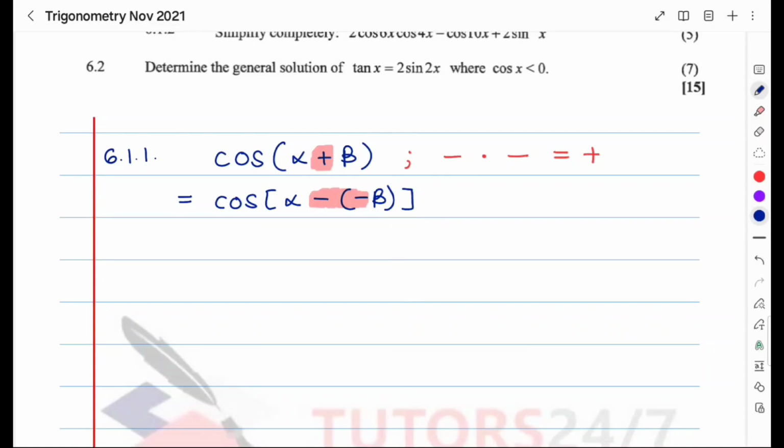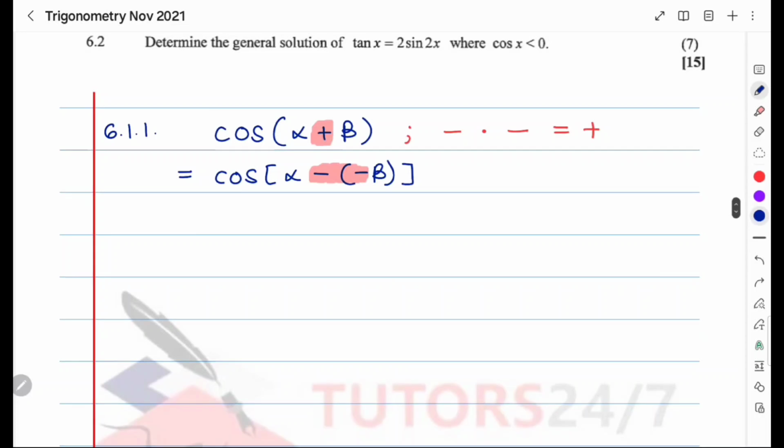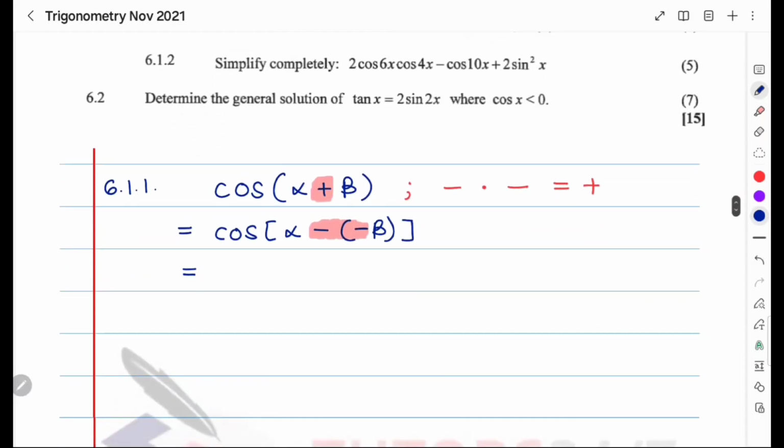Now, from here, we are going to make use of the previously given identity. We know that cos of alpha minus beta is equal to this right-hand side here. So we are going to use the exact same formula to expand this. Here we have cos of the first angle, cos of the second angle.